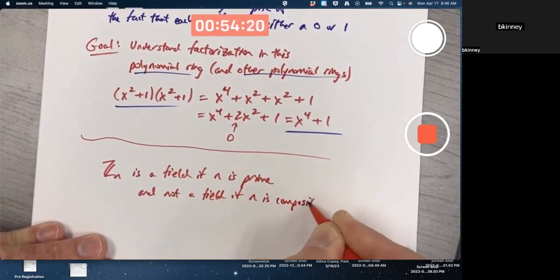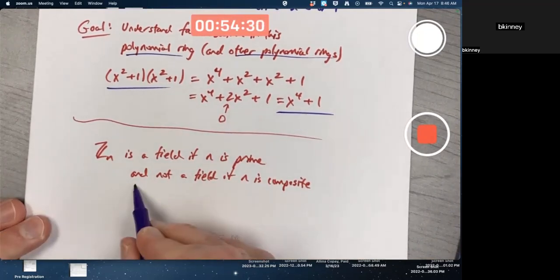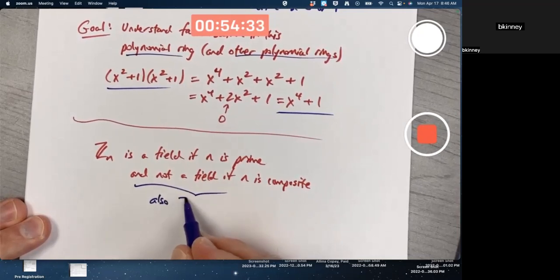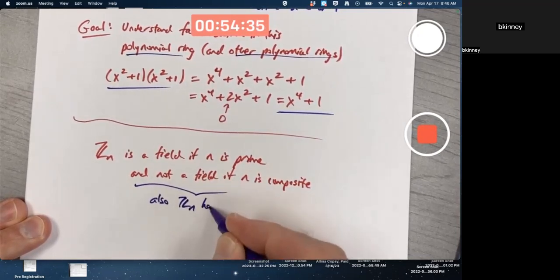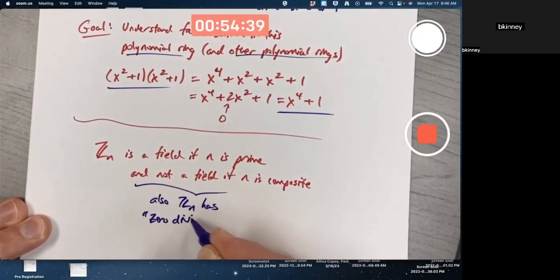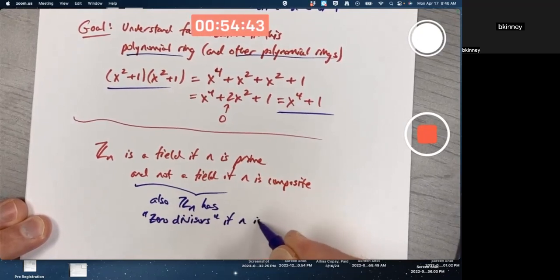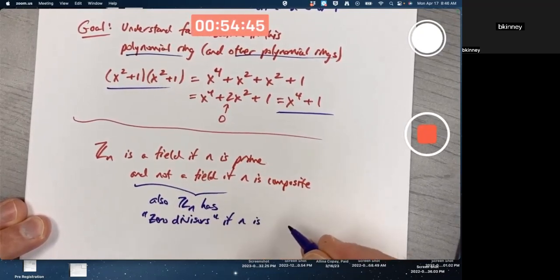And even more than just saying it's not a field, it's not a very nice ring, so to speak. When n is composite, it has zero divisors. Zn has, quote unquote, zero divisors if n is composite. Like 3 times 4 equals 0 mod 6, for example.